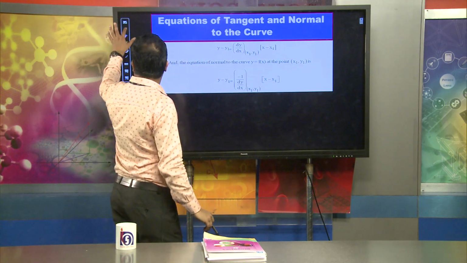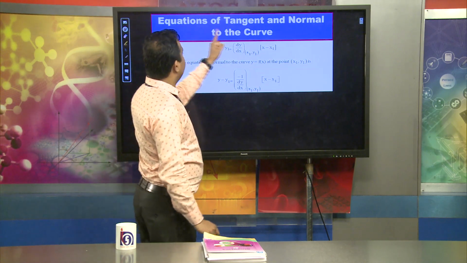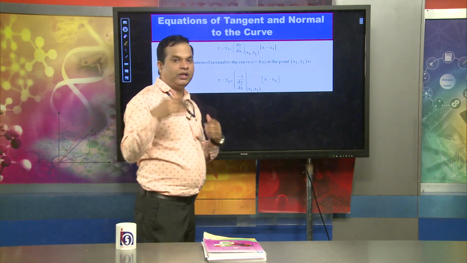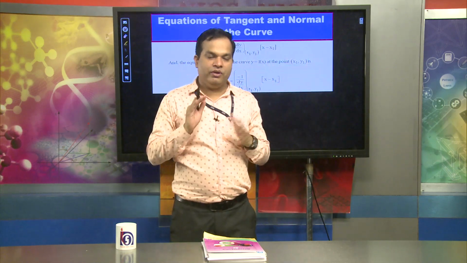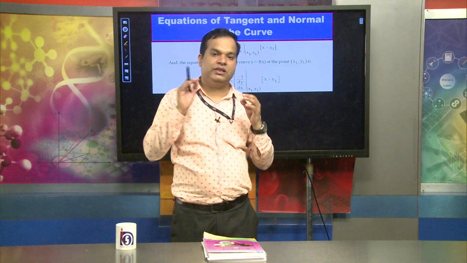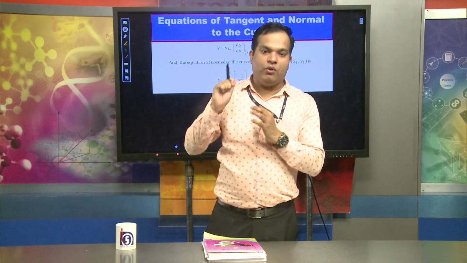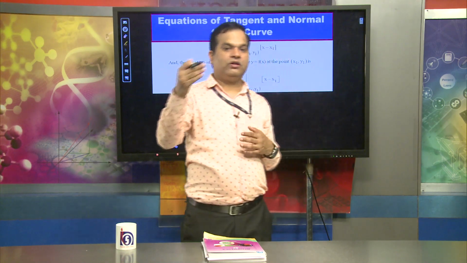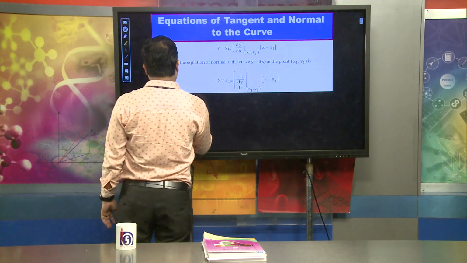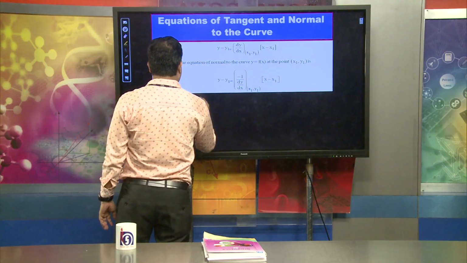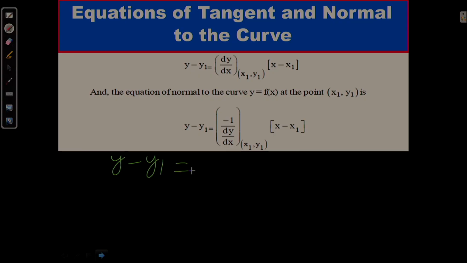When talking about the equation of a line, we already know the equation of a line passing through the point x1 y1 with slope m is y minus y1 equal to m into x minus x1. Suppose this is equation 1.